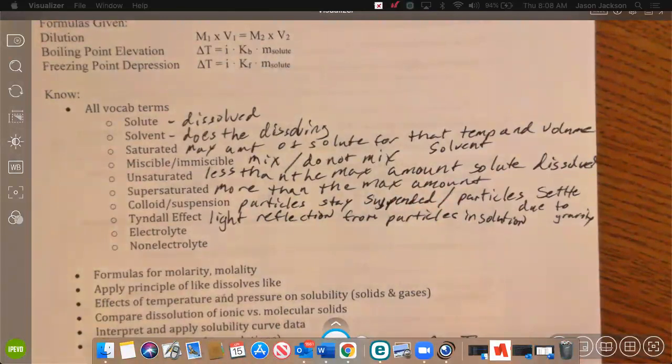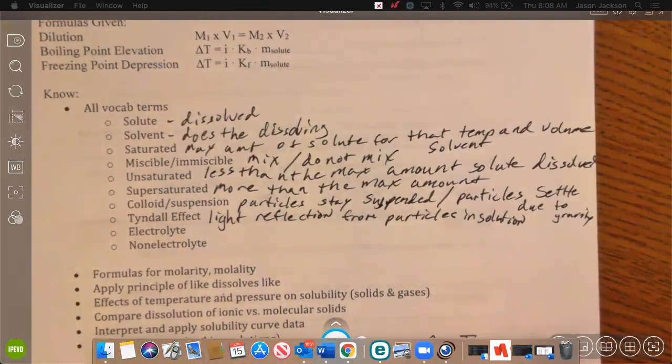Or if you've ever seen a movie where they have laser beams to protect the safe or something like that, and the villain or the hero takes some type of powder and spreads it out into the room, and then you can see all the laser lights.